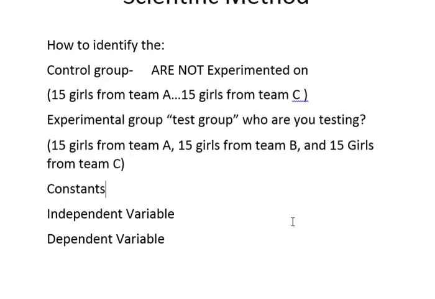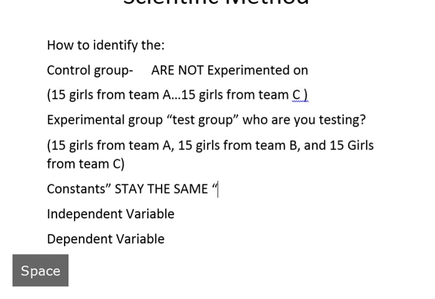Well, we're going to make sure that we have the correct, let's just go ahead and say the name now, constants. I know you've heard this in your math class, but constants are things that stay the same. Okay? So, what things must stay the same in order to make sure that my results come out correct and aren't skewed or incorrect? What must stay the same?